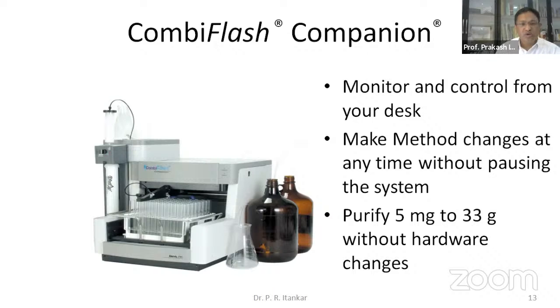Once you set up your system, you design what kind of solvents you are going to use for the separations, and which solvent you shall begin with has to be decided. It could be isocratic, or you can use 4 solvents at a time, and the sample quantity can range from 5 milligrams to 33 grams.